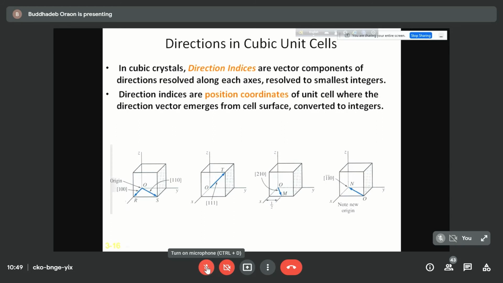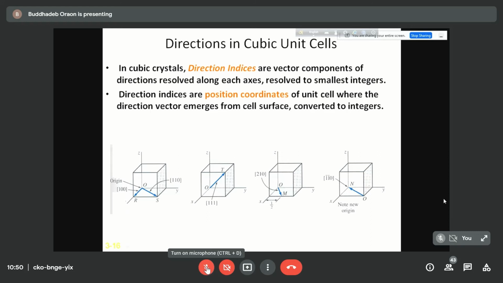Another point to be noted is that sometimes you can shift your origin. Suppose in this first diagram, when your origin is somewhere here, then of course you can imagine that it is in the first quadrant. The second diagram also is in the first quadrant, the third diagram also.